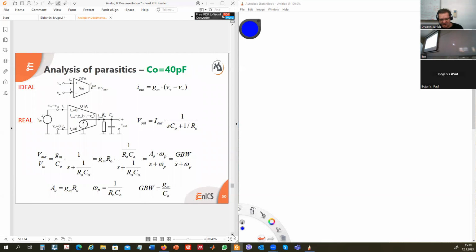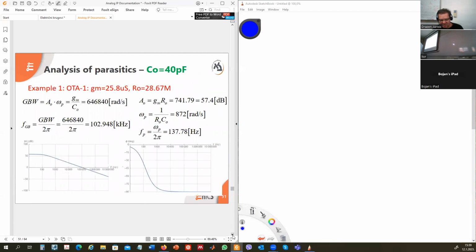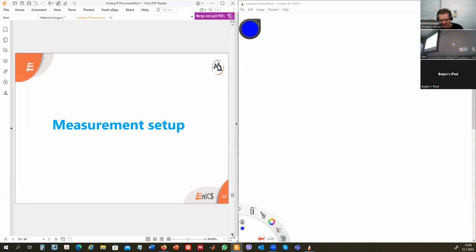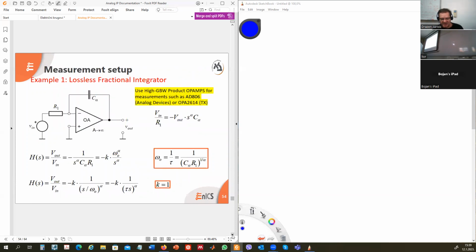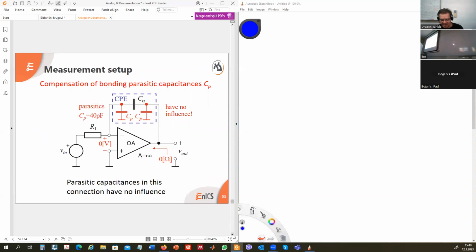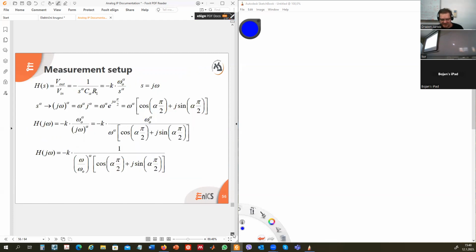And then you can also look at the parasitics of the OTA. You can see how you can avoid parasitics. And then you also can produce a lossless fractional integrator. You put a capacitor here, or you can analyze the influence of parasitics.